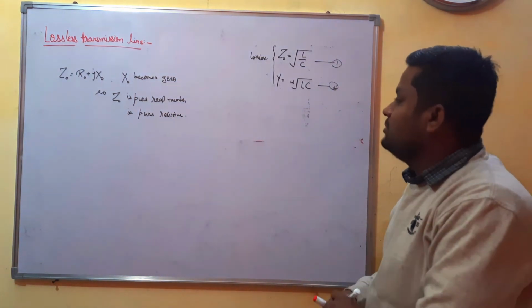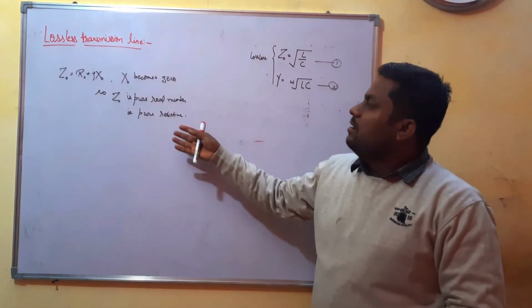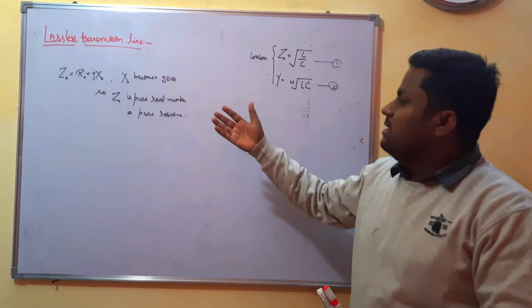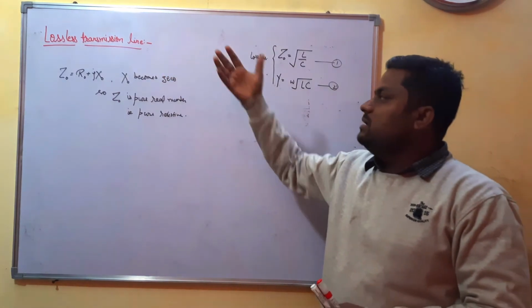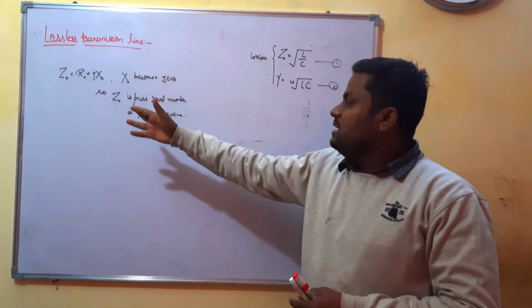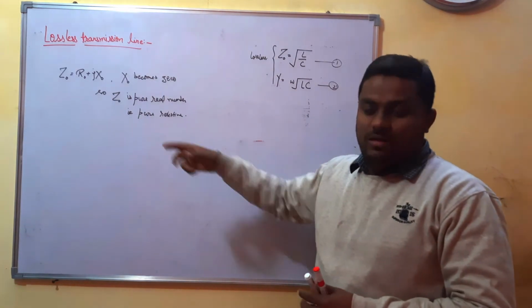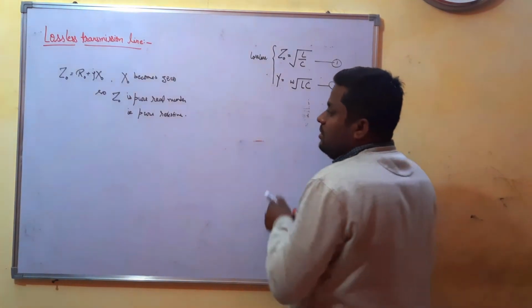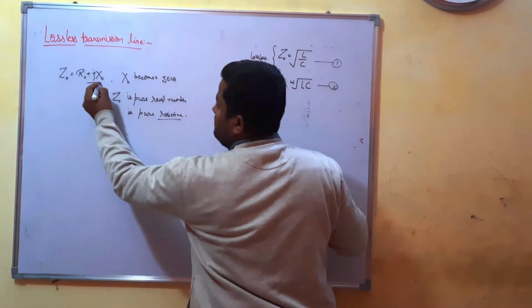Again confusion arises: at one end we are saying that it is a lossless line, that is, resistance and inductance are 0, and at the other end we are saying that Z0 is present and it is purely resistive. Please be careful that Z0 is purely resistive. Why? Because its imaginary part becomes 0.